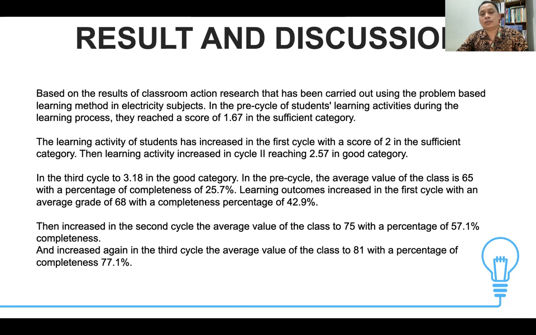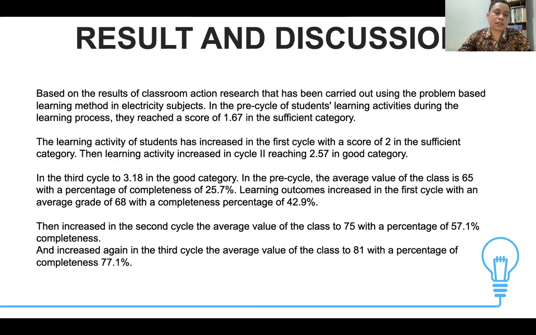In the pre-cycle, the average value of the class was 6.5 with a percentage of completeness of 5.7%. Learning outcomes increased in the first cycle with an average grade of 6.8 with a completeness percentage of 42.9%.